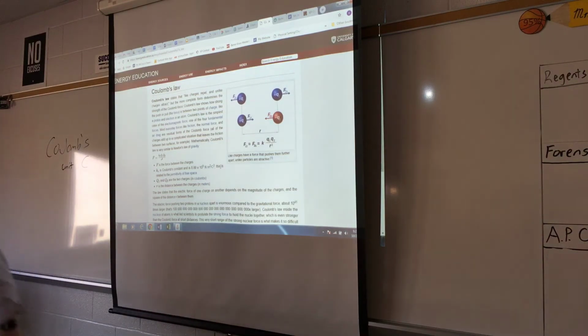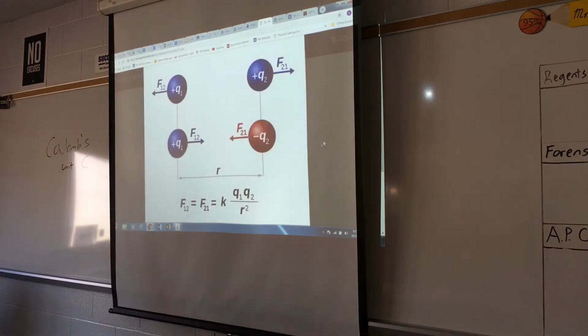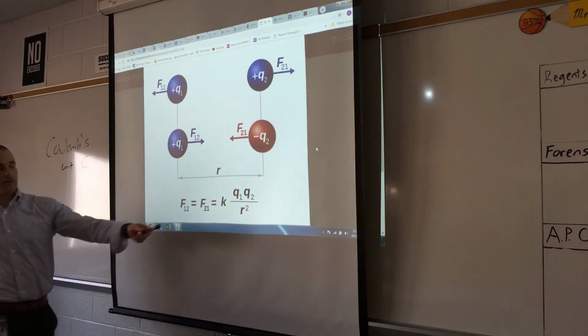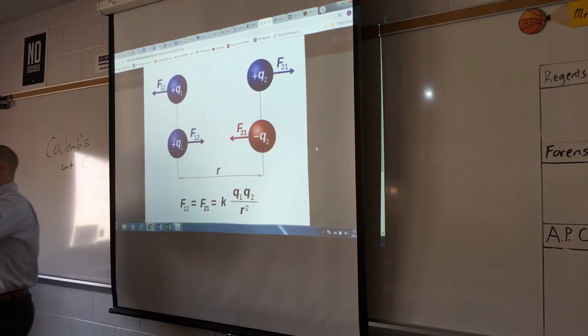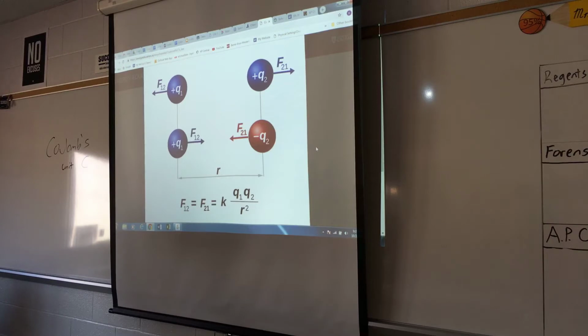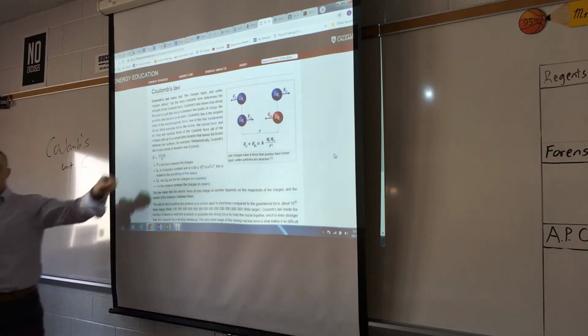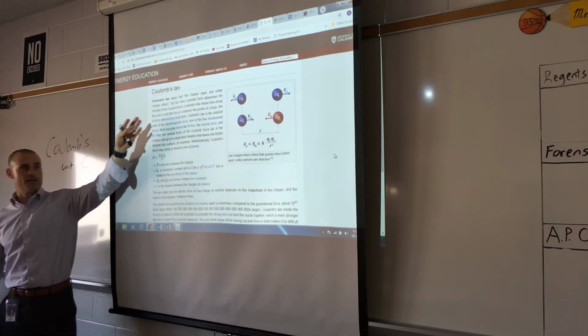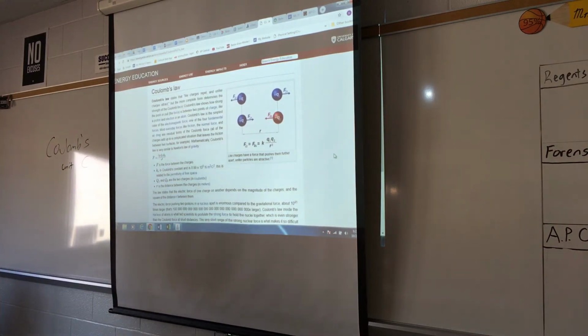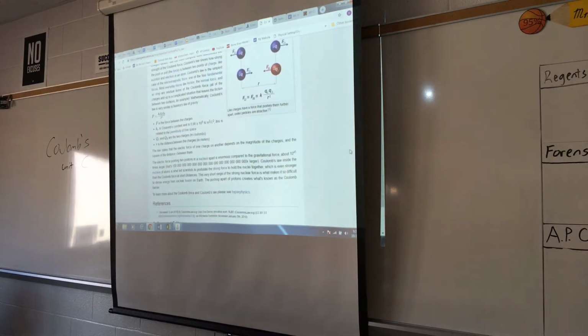Now notice, the R is squared, right? So that's going to play a big role in the distance between the energy levels. That square kind of changes everything, all right? So again, this might seem kind of complex, but really all it is is the force between the positive and negative charges. And I just want to read this to you.